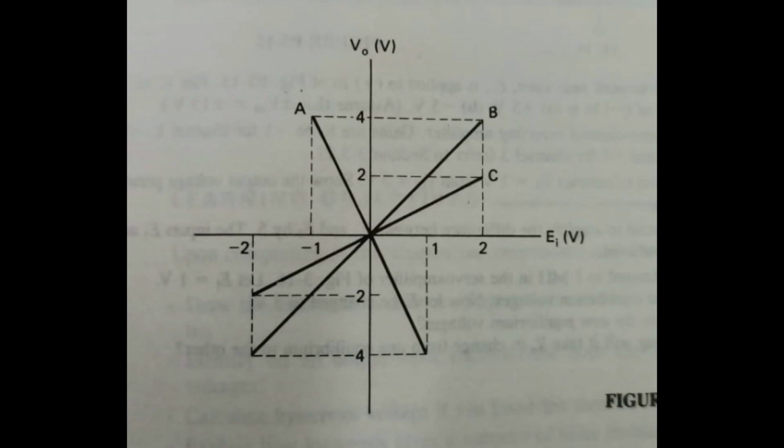Okay. Now you have learned something about operational amplifiers, transfer characteristics, and how to calculate the gain also. There is a formula, see, for an inverting amplifier: Vout is equal to minus RF by Rin times Vin. Okay.